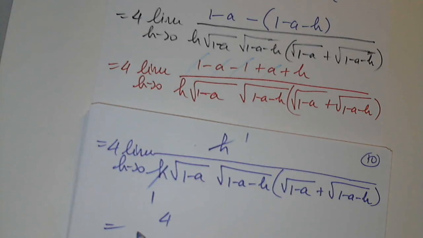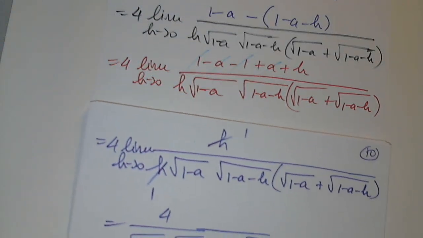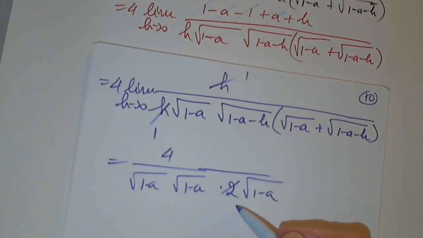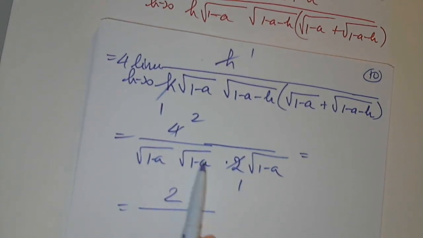So this is 4. This is the square root of 1 minus a. This is the square root of 1 minus a. And the square root of 1 minus a plus the square root of 1 minus a, which is multiplied by 2, the square root of 1 minus a. I will simplify, of course. So I have 2. This becomes 1 minus a. And this stays as the square root of 1 minus a.